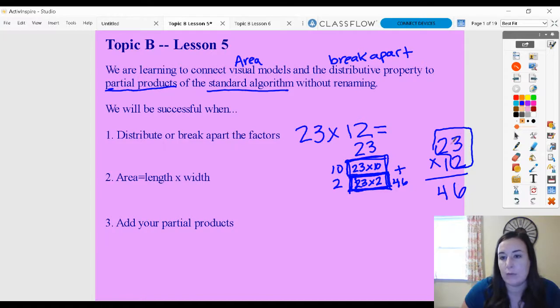Then we go down to our next step, which I always tell my kids we put a placeholder 0 because we're not multiplying it by 1. We're actually multiplying it by that 1 in the tens place, which makes it a 10. So if I'm multiplying something by 10, my answer automatically always has a 0 at the end.